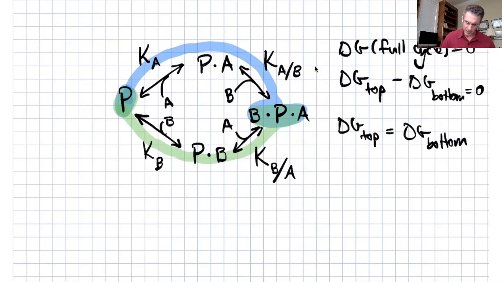So the free energy of the top path has to equal the free energy of the bottom path because of our assumption of being at thermodynamic equilibrium.